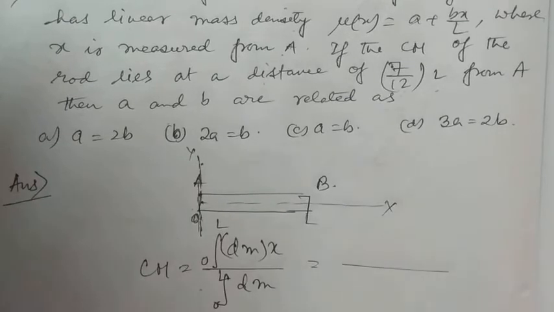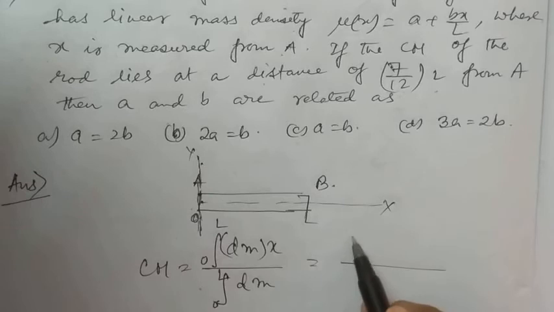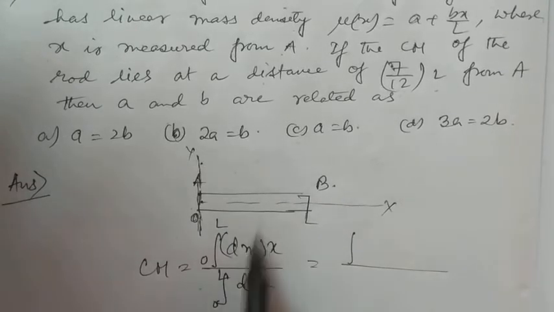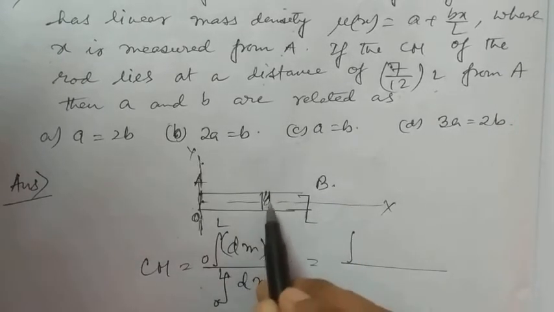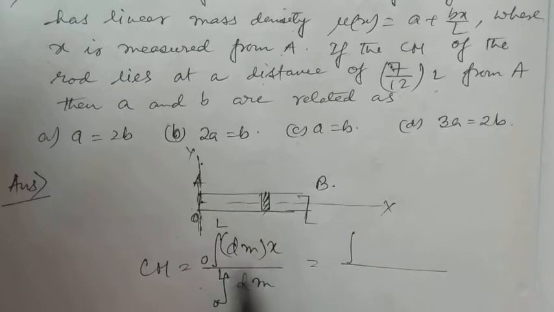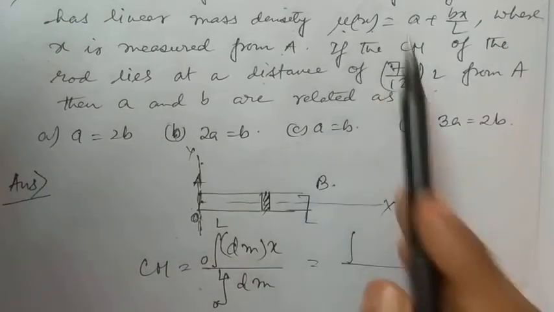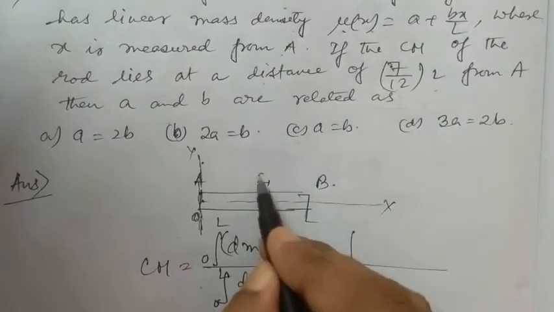Replace the values of dm. dm means a small part dm. So how to find dm? That is mu x into dx. This length is dx.